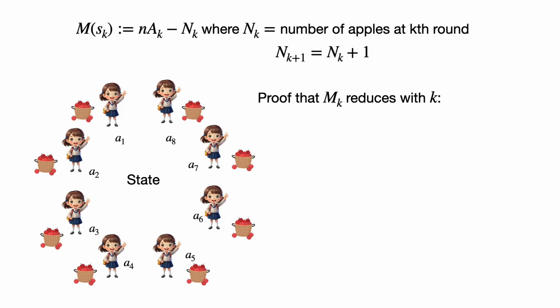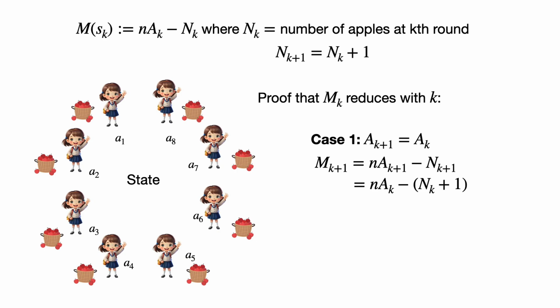The first case is when the maximum number of apples doesn't change. In this case, if you write down the formula, it's n A_{k+1} minus N_{k+1}. The total number of apples increases by 1 from the previous round, and the maximum number didn't change. So if you calculate it, you see that the total apple envy has gone down by 1.